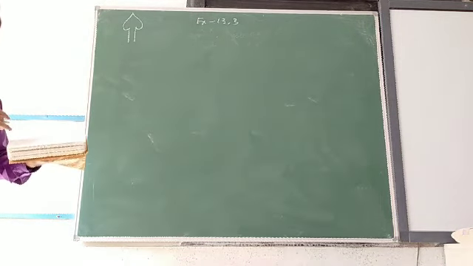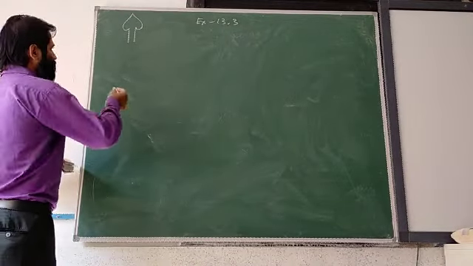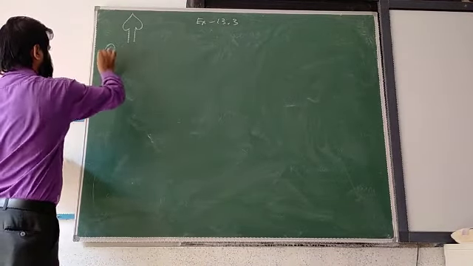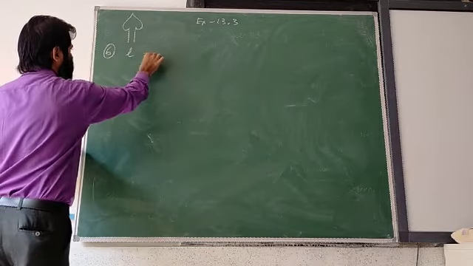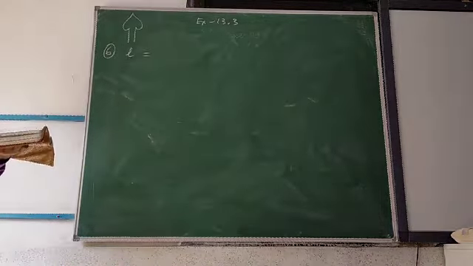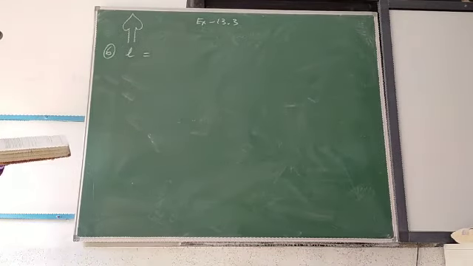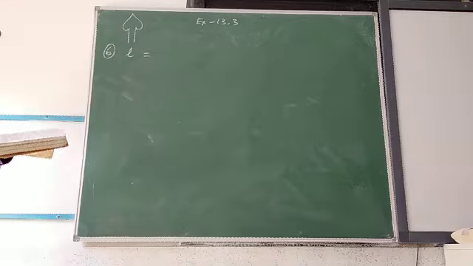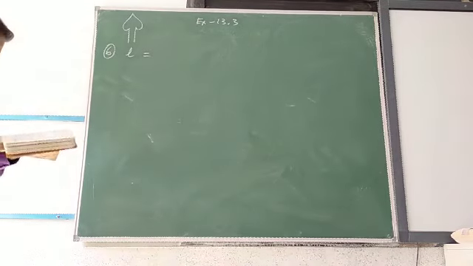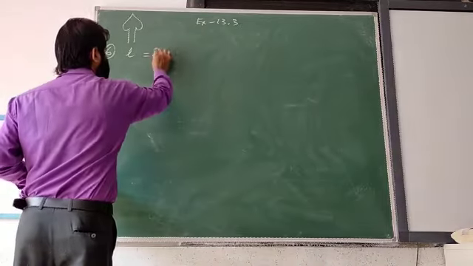So the slant height is given. Let it be L. Slant height of a conical tomb is 25 meter.